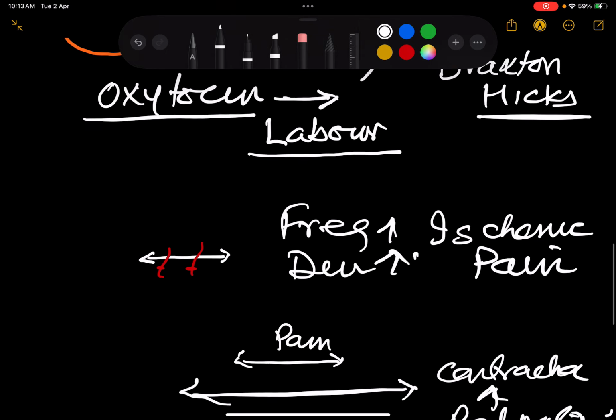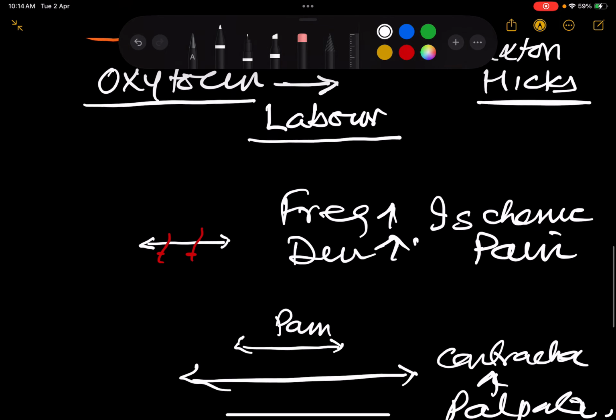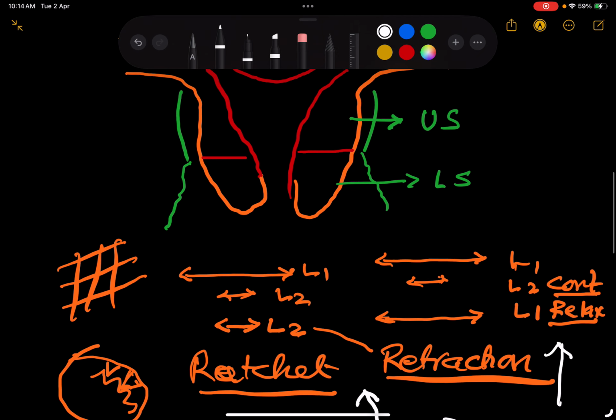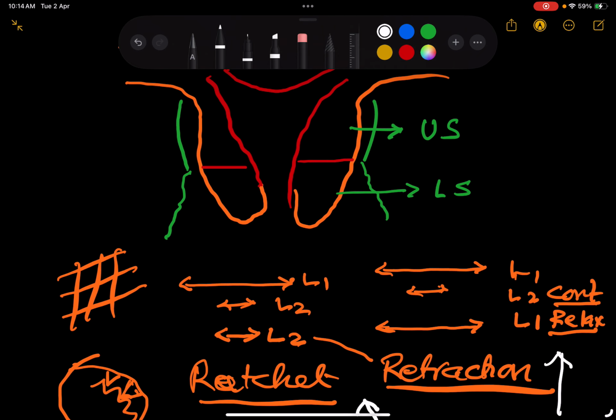Now, what happens is that gradually the volume in the upper segment goes on reducing, and the lower segment volume goes on increasing. So gradually the upper segment and the lower segment go on merging, and the width of this cervix reduces.